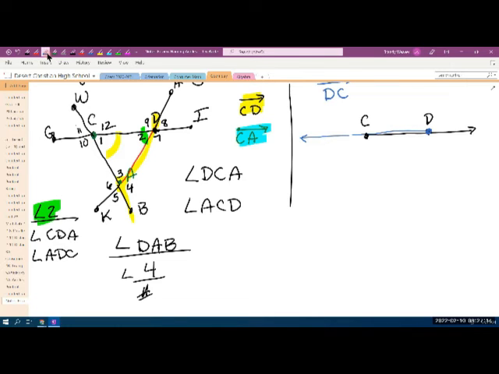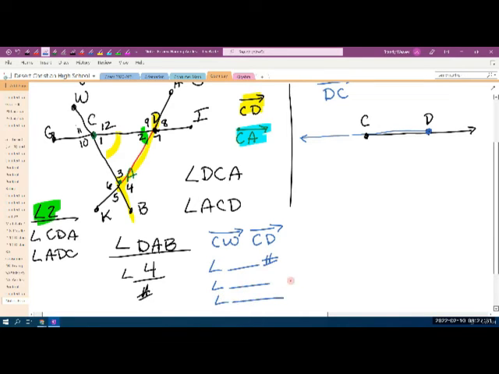Okay, one more. Which angle is formed by the rays CW and CD? Give me the number and two 3-letter names. Which angles are formed by rays CW and CD? Find it by angle number and then name the angle in two different ways using 3 letters.